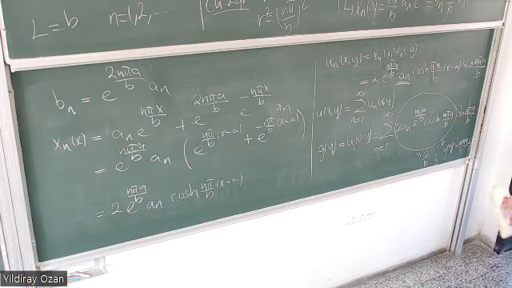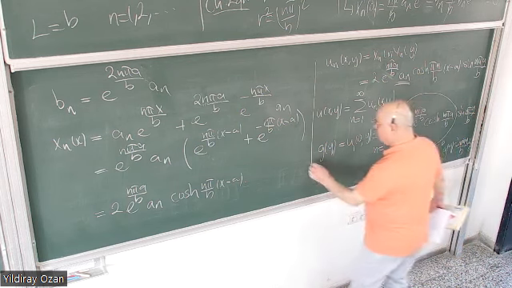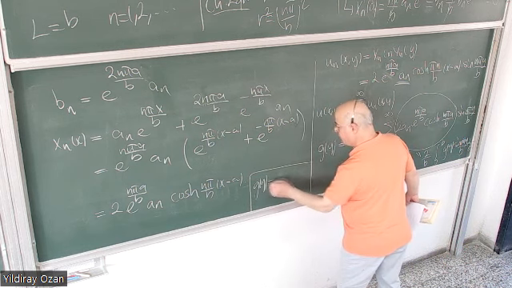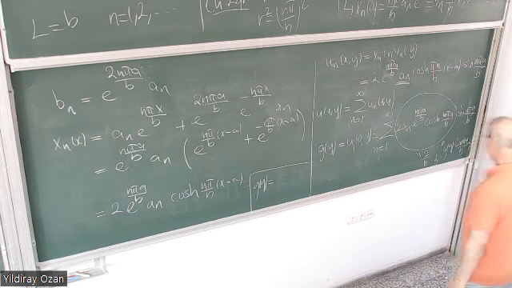And then mesela gy yerine şey versek, değil mi? Gy'yi şöyle seçelim. Diyelim ki kolay bir şey olsun.